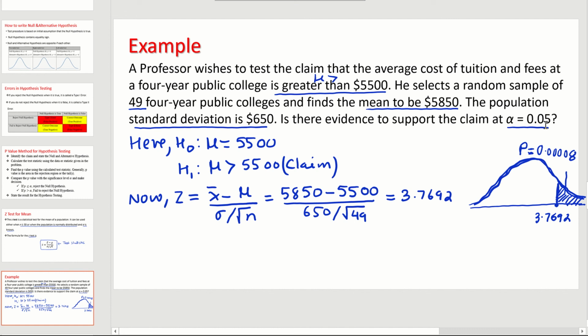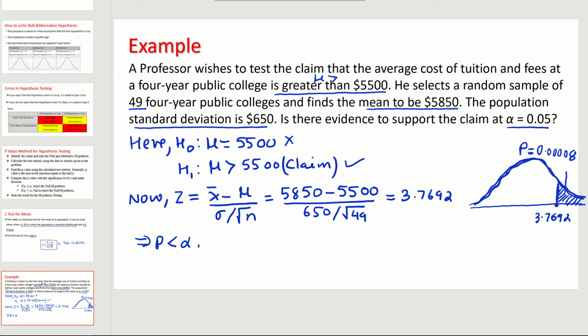So what we have is our p-value is less than alpha, because your alpha is 0.05, but p is very small. So p is less than alpha. Meaning of that is if p is less than alpha, we reject the null hypothesis. We are not taking this. Instead, we are taking this.